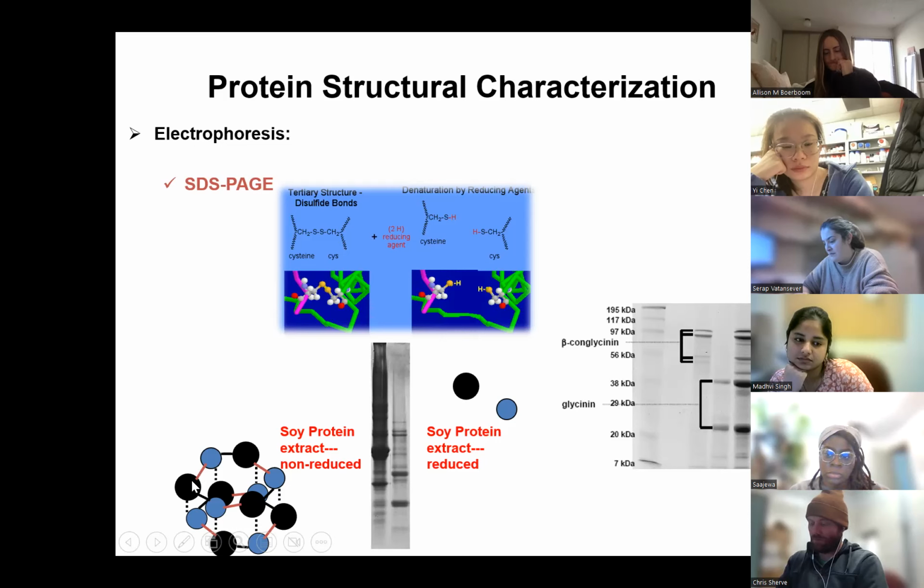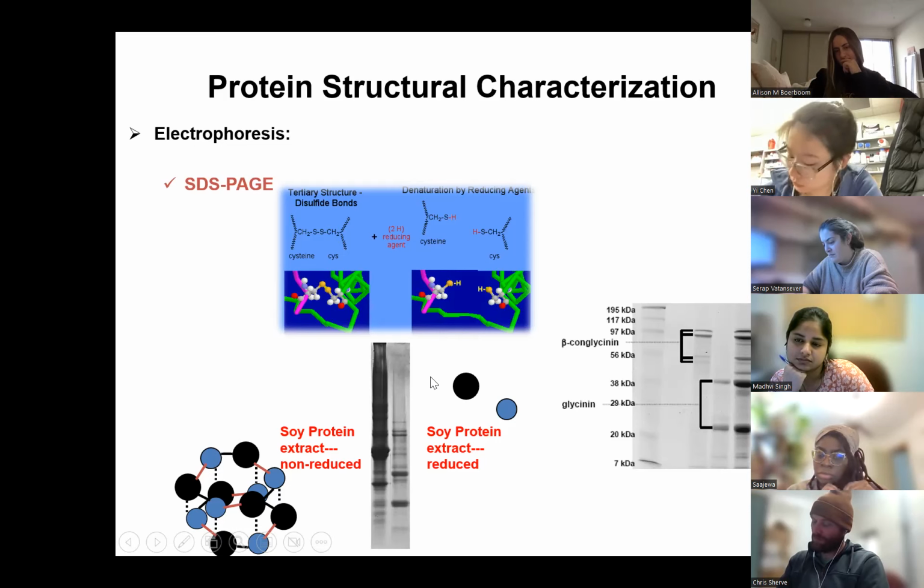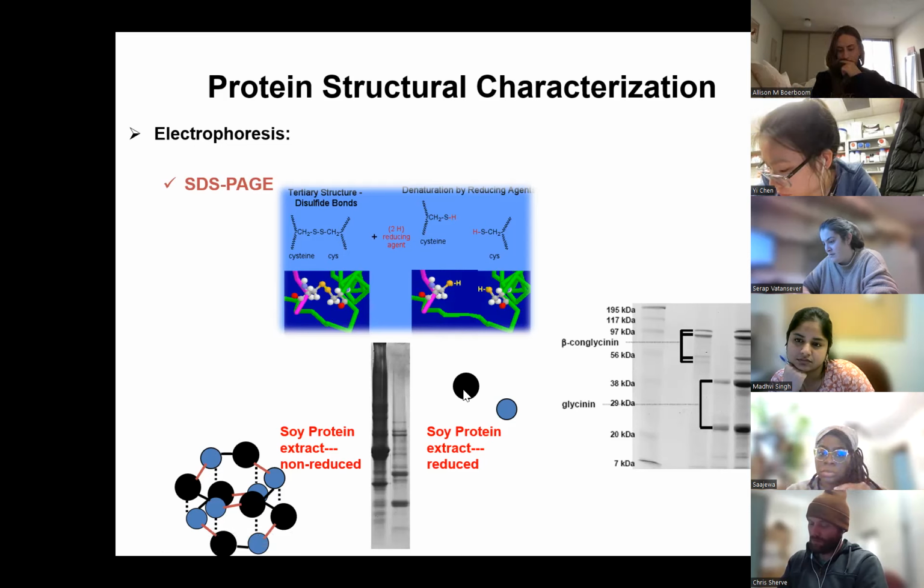In order to see the subunits of this monomer, we have to break the disulfide linkages. Having a reducing agent like beta-mercaptoethanol or DTT helps you break those into their original subunits, and then you can see them down the gel. So these are the subunits of this one monomer that is linked by this red bond, which is the disulfide linkage.